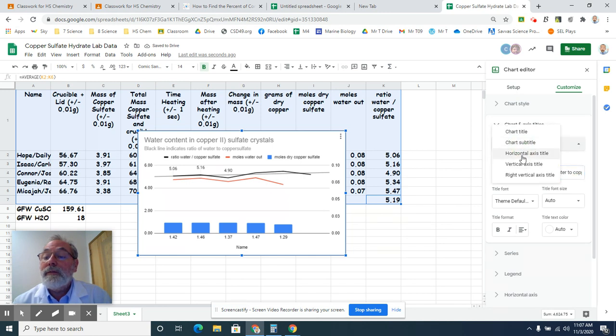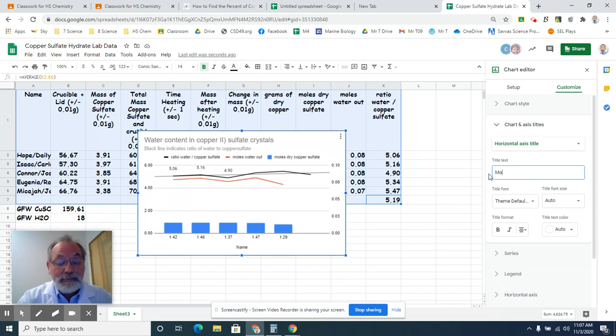Next, horizontal axis, mass, water, out, grams.